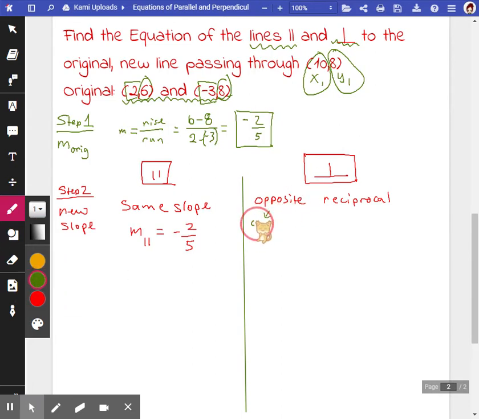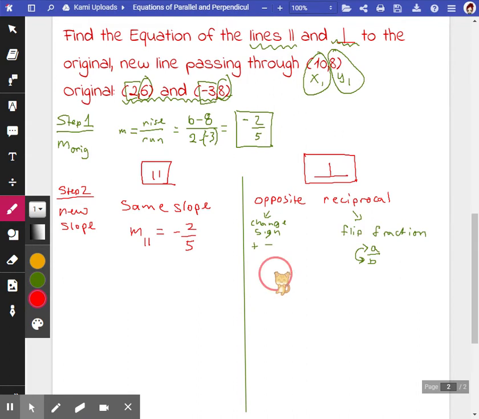Opposite means we change sign, positive or negative. Reciprocal means we flip the fraction. So we take our fraction and we flip it upside down.